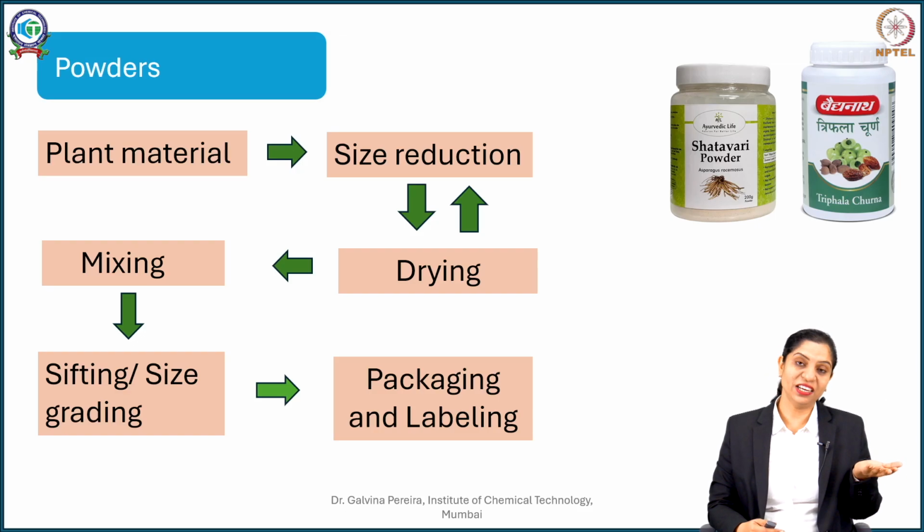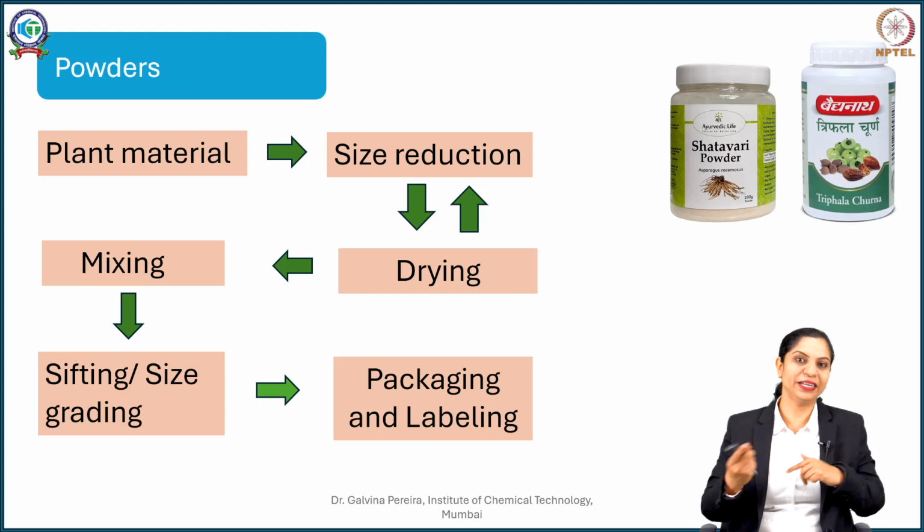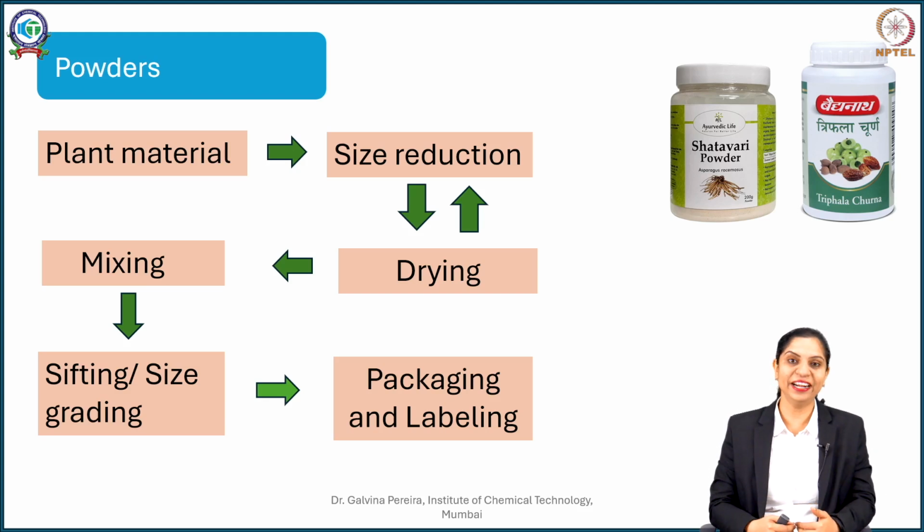Once the drying is done and your cucumber is completely dehydrated, again they'll do a size reduction to convert it into powder. So, depending upon the moisture content and the consistency, your drug material is intermittently size reduced and dried to obtain a superfine powder.